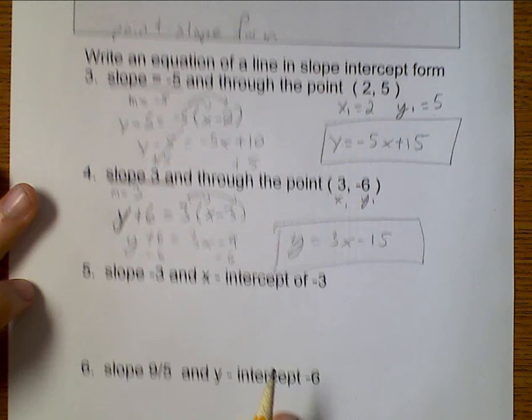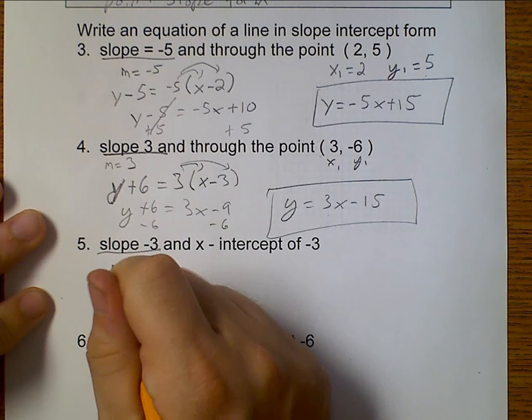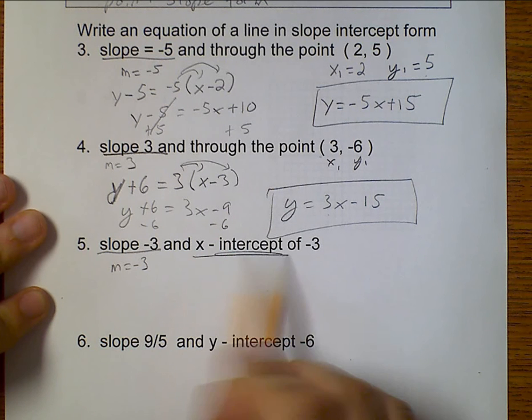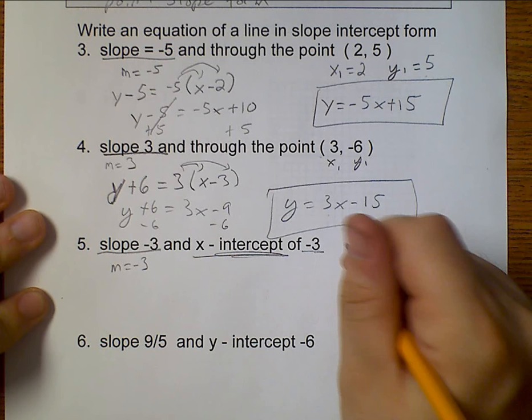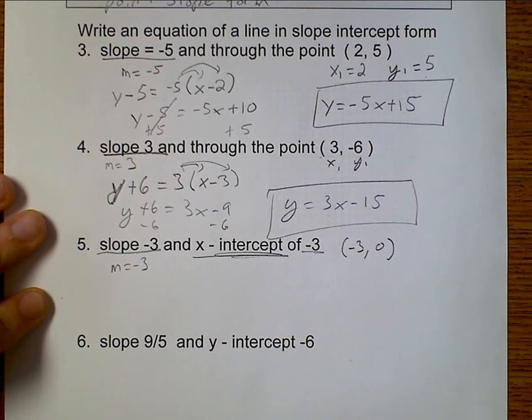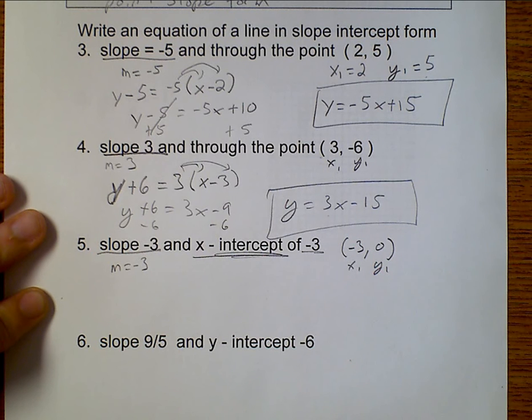Now for example number 5. We're given the slope equals negative 3. So m equals negative 3. And this time we're told the x-intercept of 3. So what that means is this is negative 3, 0. So same thing.